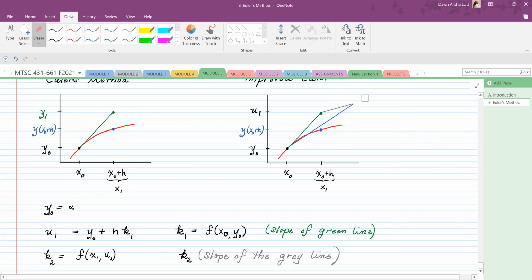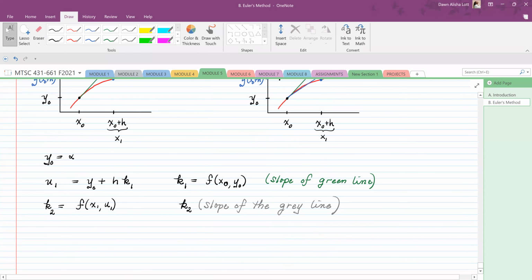I'm going to average them and use that slope and my original value to get my y, which is going to be this value. So this is now going to be y1. So y1 turns out to be y naught plus h times k1 plus k2 over 2.